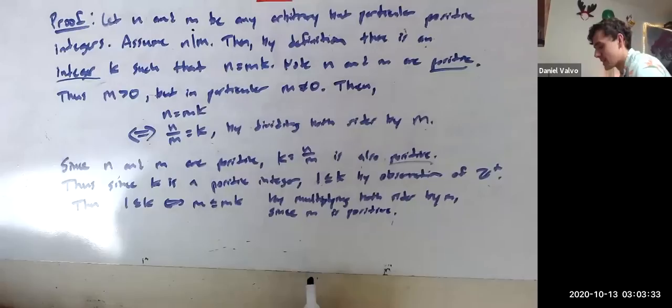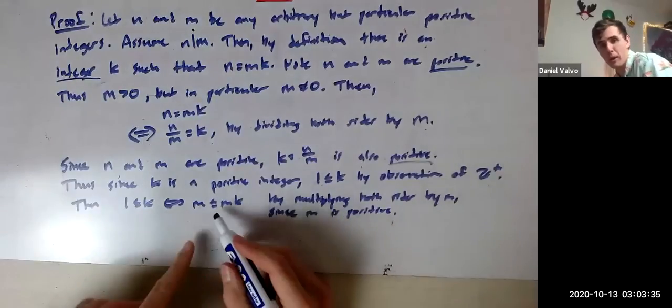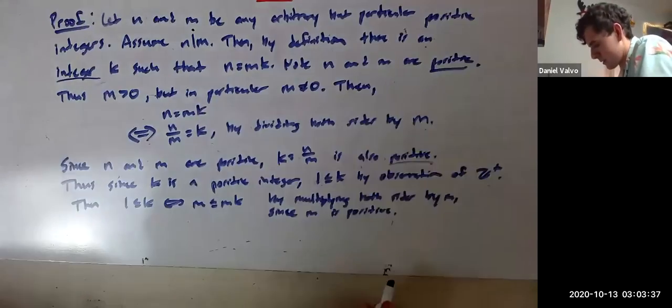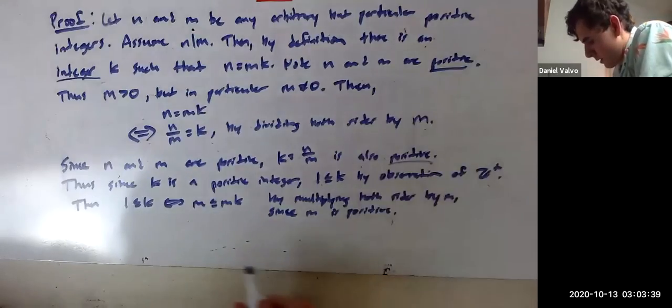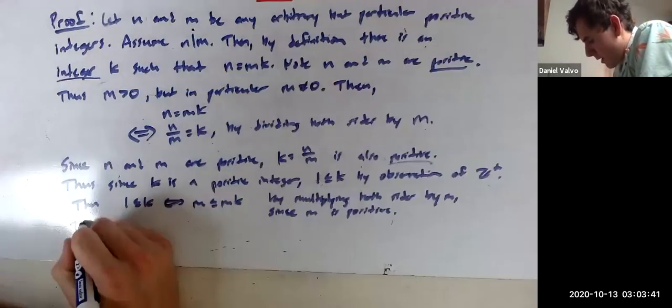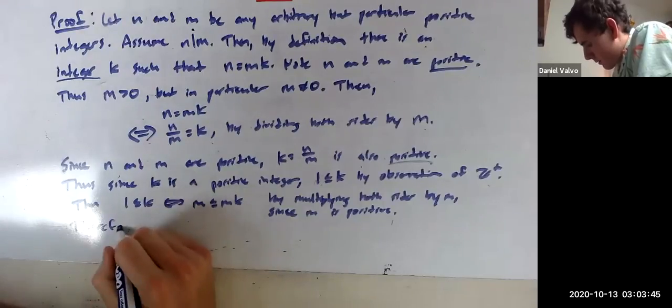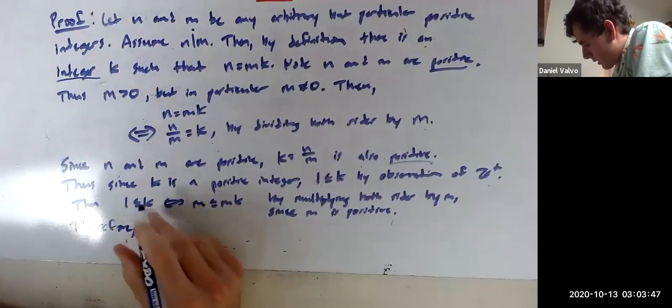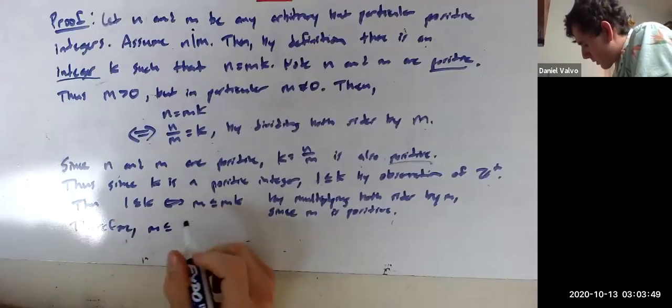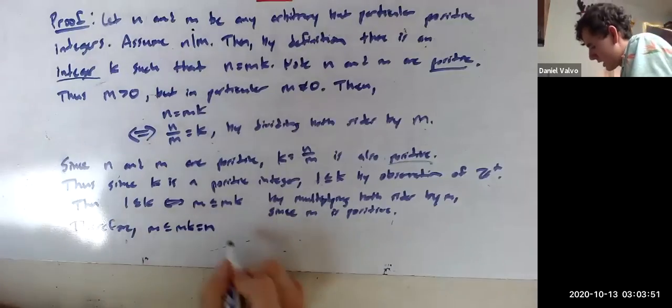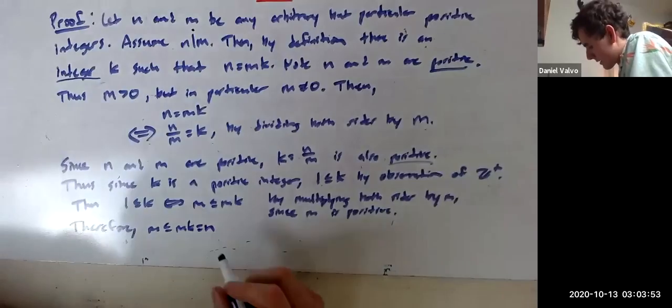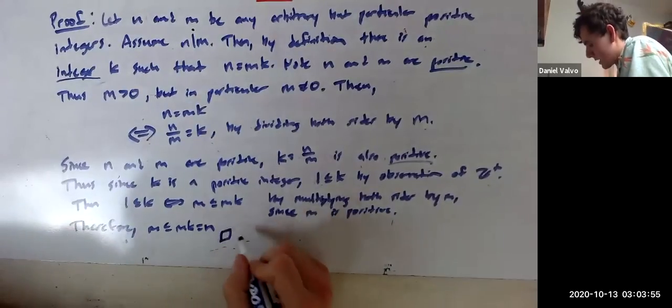We keep the "since m is positive" bit just to say that's why we don't flip the inequality. Therefore m is less than or equal to mk, which equals n. Done.